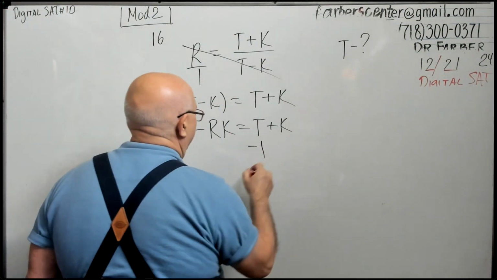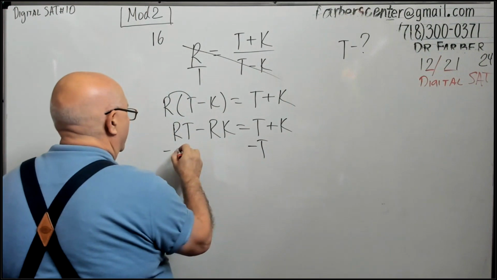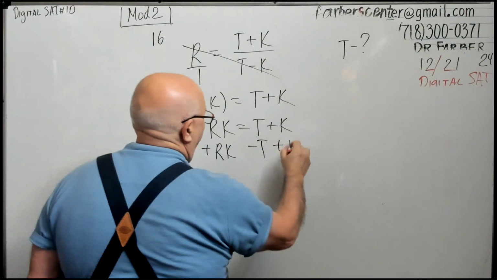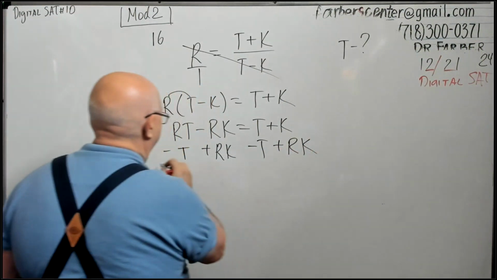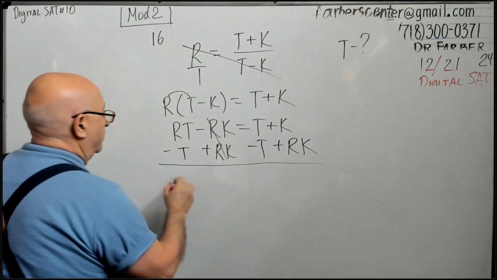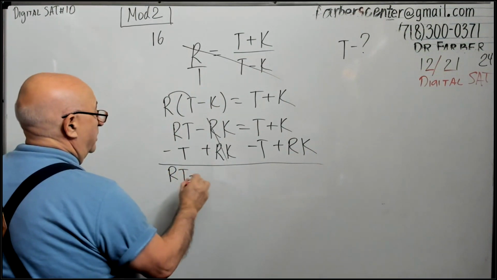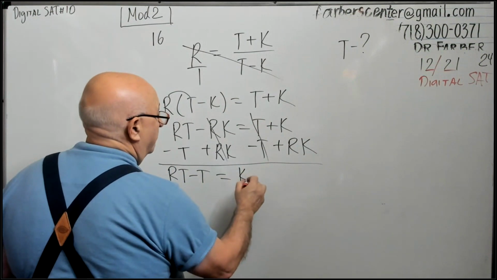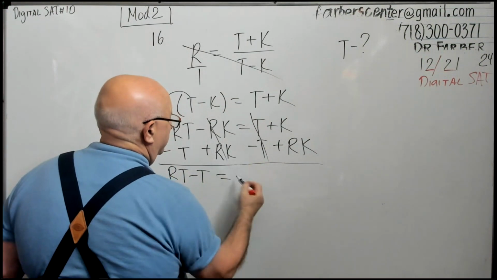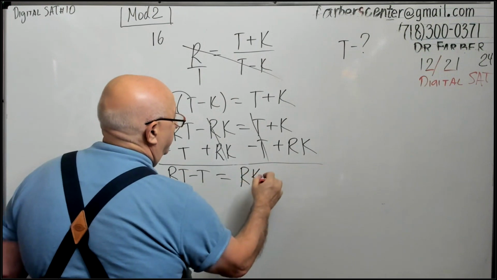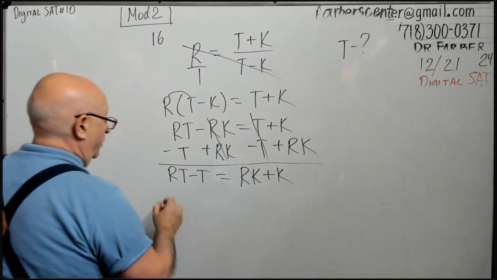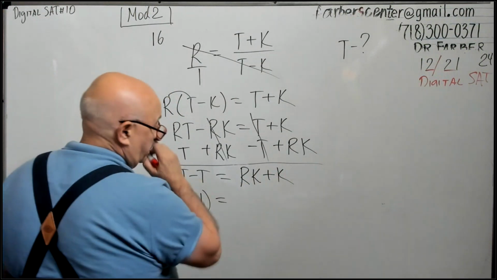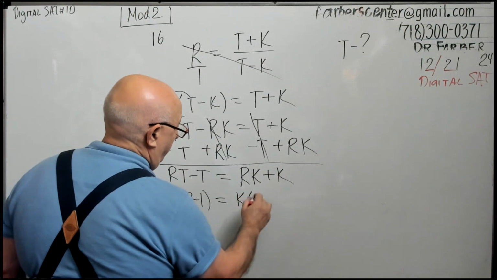Isolate the variable with T. And plus RK. Cancel out, you have RT minus T equals RK plus K, or T times R minus 1 equals K times R plus 1.